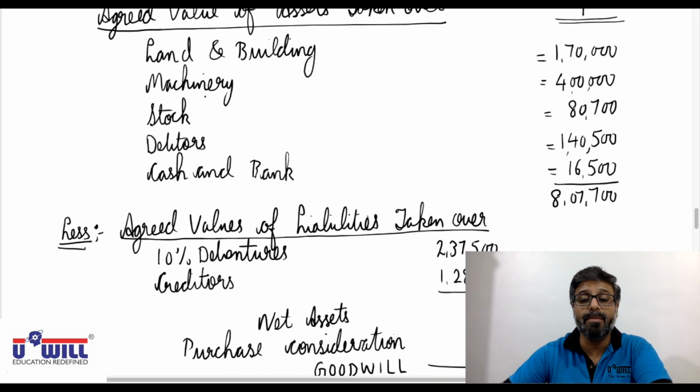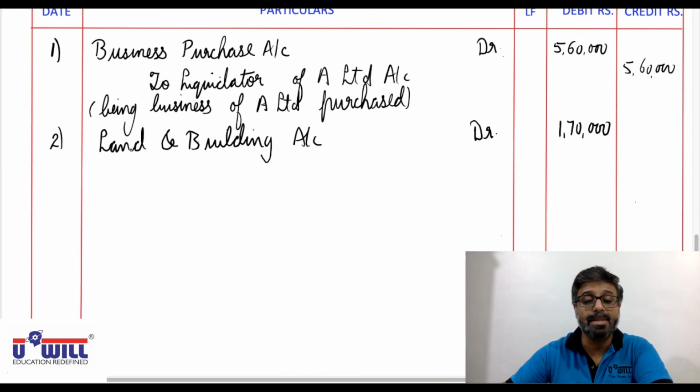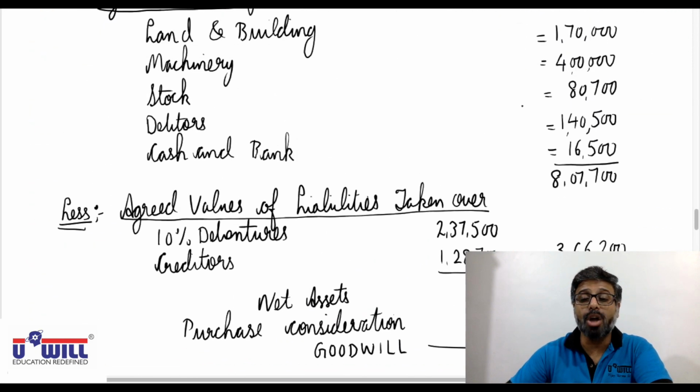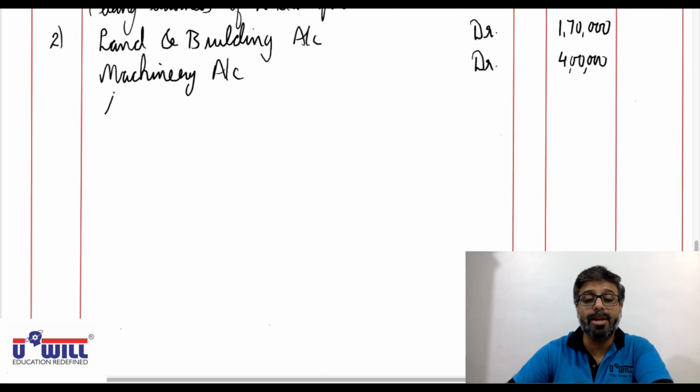After land and building, machinery account debit 4 lakhs. Okay, every day keep a practice of revising. Stock account debit 80,700.